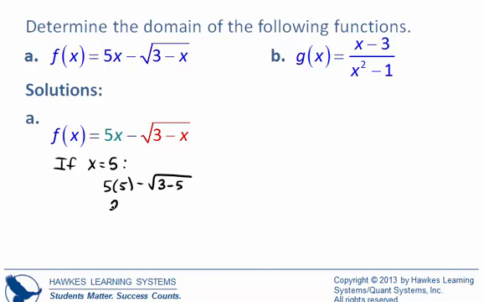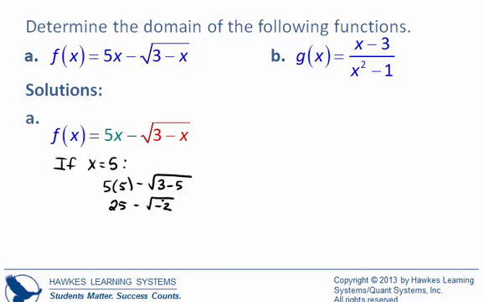So 5 times 5 would be 25, and then we would have the square root of negative 2. In the real number system, this is a problem because we cannot take the square root of a negative number. So 5 is not going to be an acceptable value for the domain.